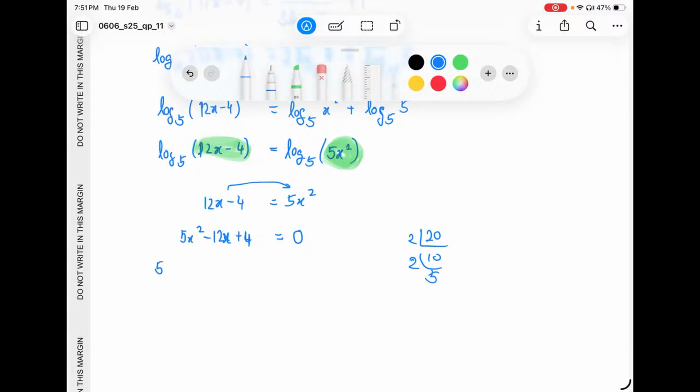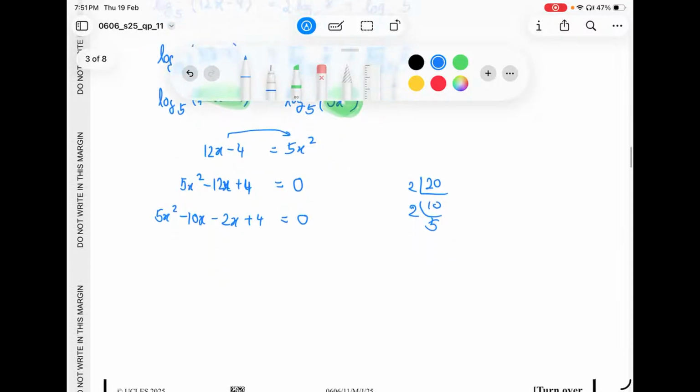So that should give you 5x squared minus 10x minus 2x plus 4 equals 0. Now as we have separated the middle part, we can directly do the factorization.